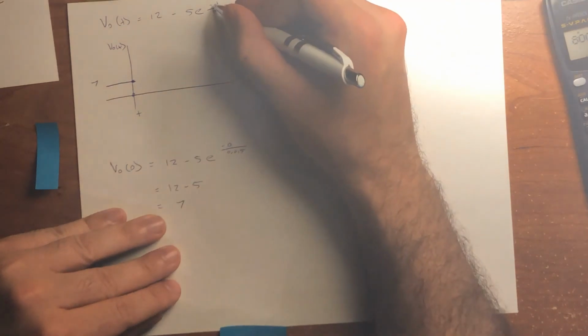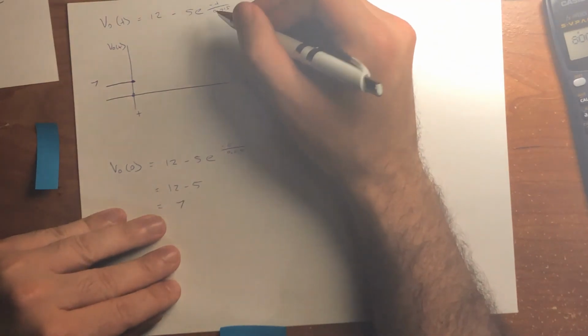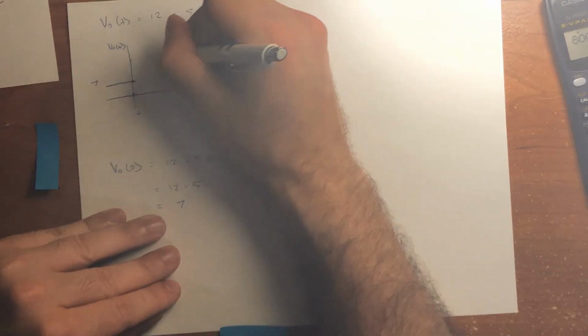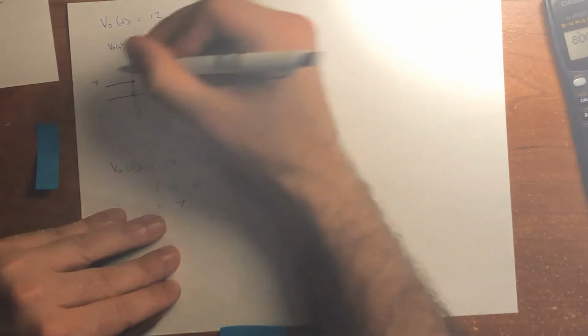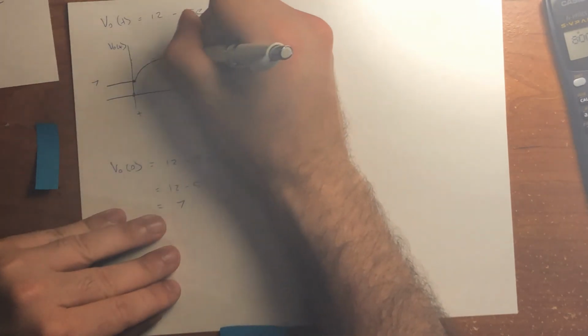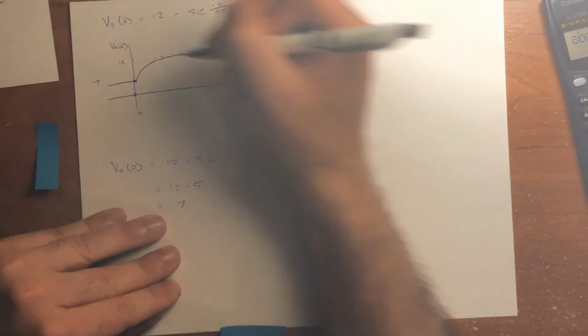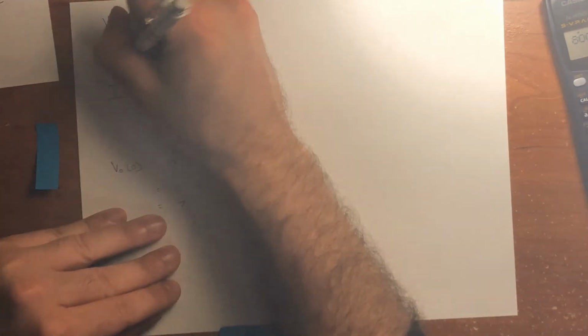And when t is greater than 0, it actually reaches steady state again at 12 volts, which looks something like this. It keeps going all the way to infinity at 12 volts.